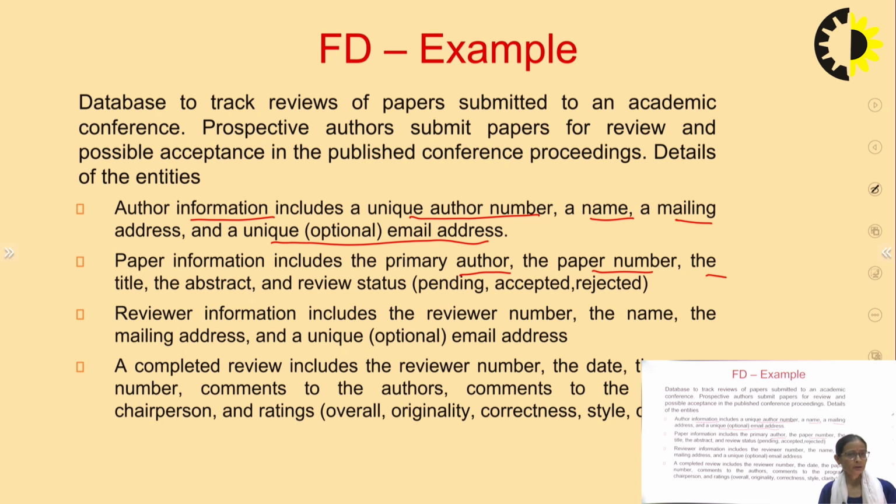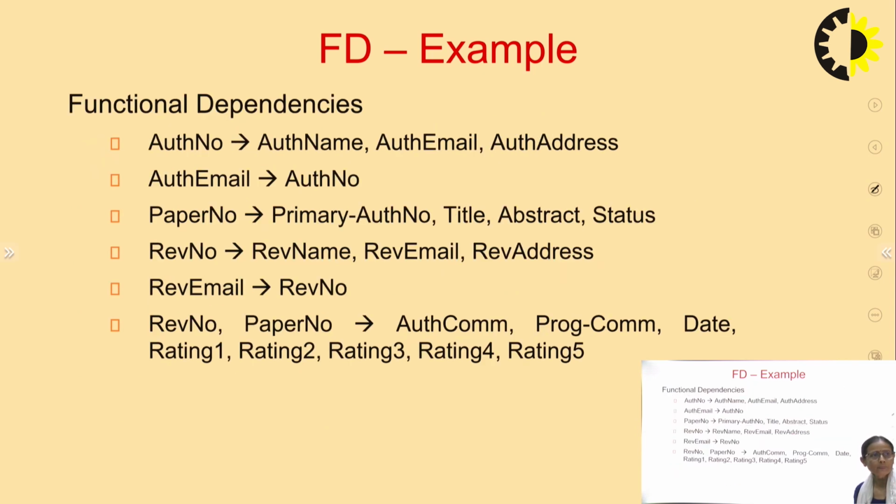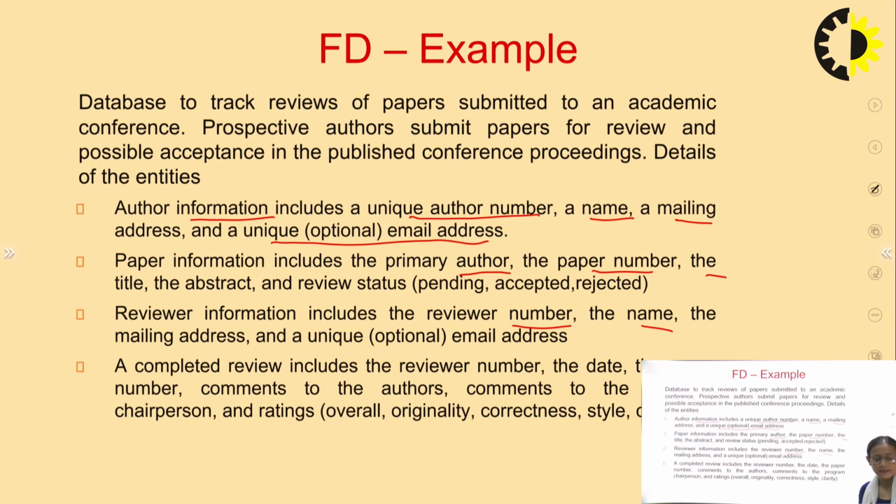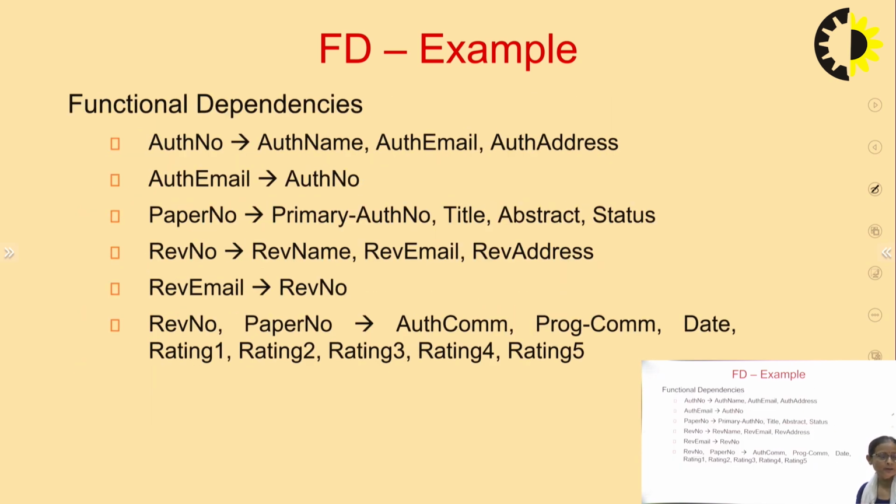Reviewer information includes reviewer number, name, mailing address and a unique email address. A completed review includes review number, the date on which it has been reviewed, the paper number, comments from the author, comments to the program chairperson and ratings. If I talk about the functional dependency in this scenario, then author name, author email and author address depend on author number.